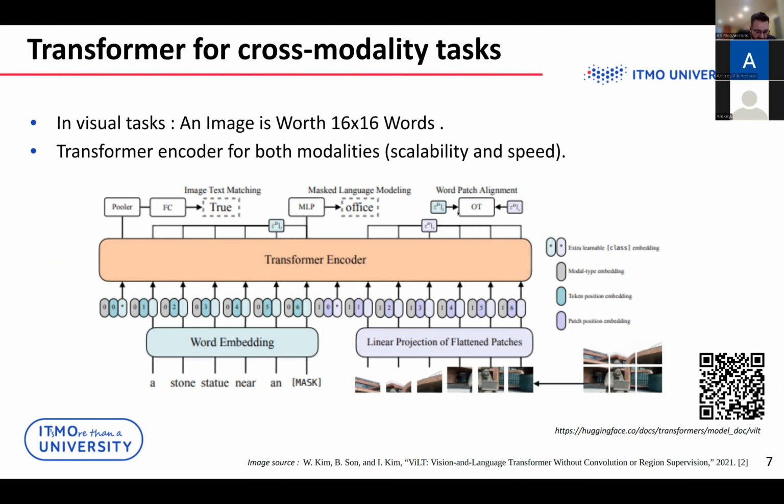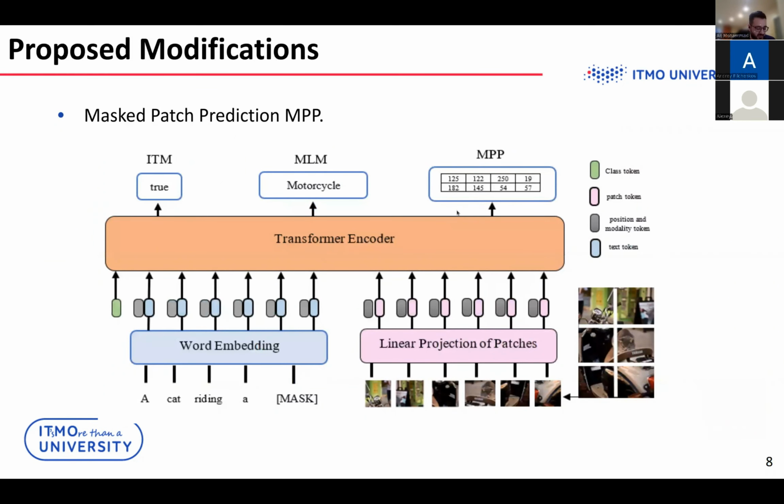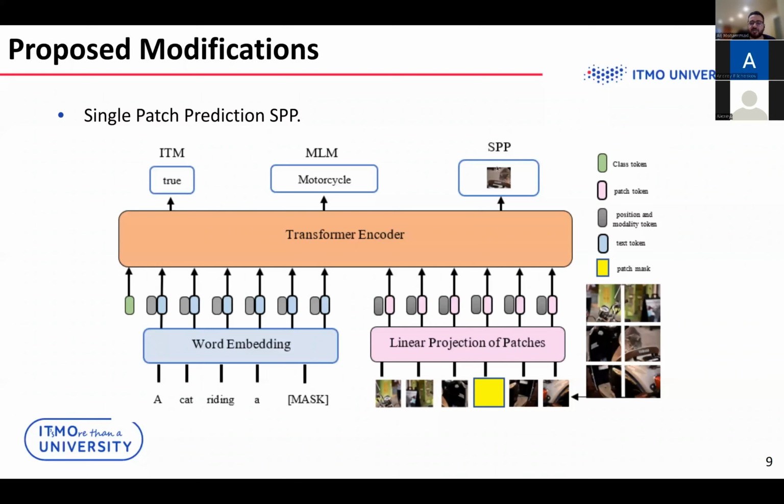The first point is, yes, this is absolutely correct. When we use this kind of generative task for the visual modality, it shifts the attention of the model to the visual modalities.